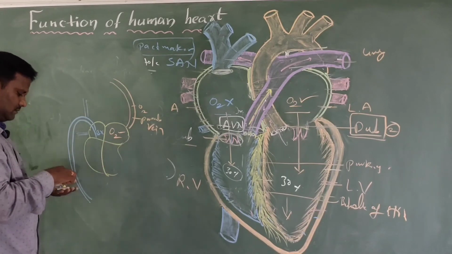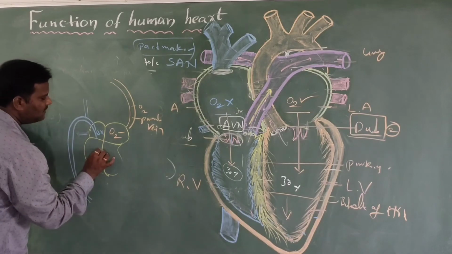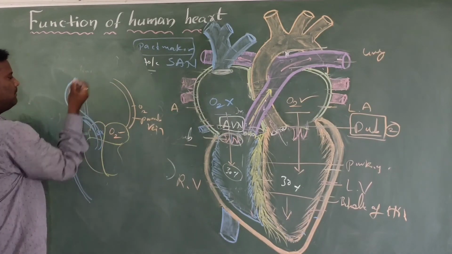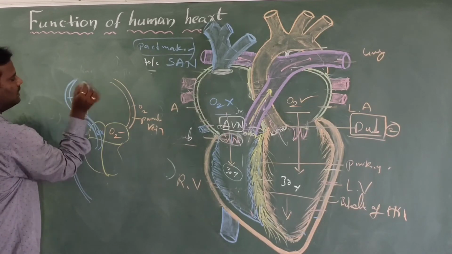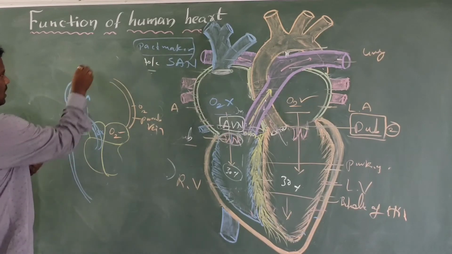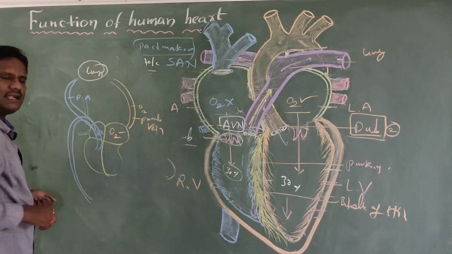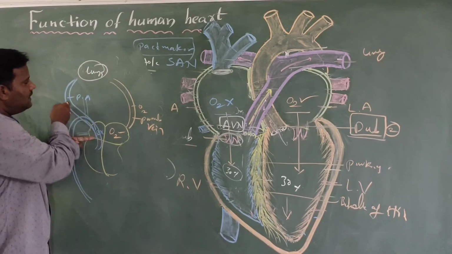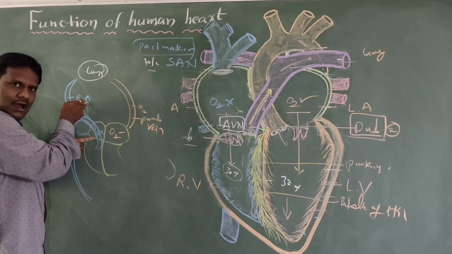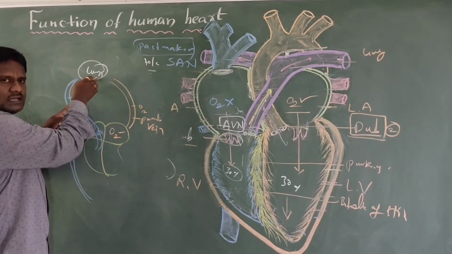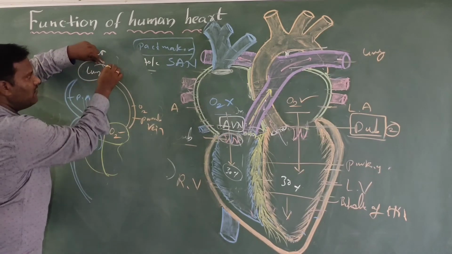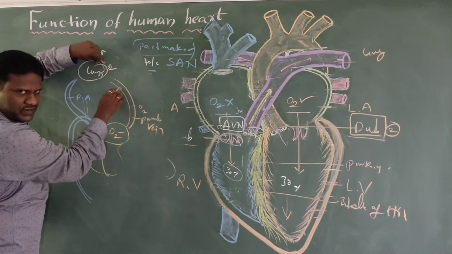In this way, waste blood reaches the lungs with the help of the pulmonary artery. Here at the lungs, what happens? The deoxygenated blood entering through the pulmonary artery reaches the lungs, where carbon dioxide is released and oxygen is collected, converting it into fresh blood.